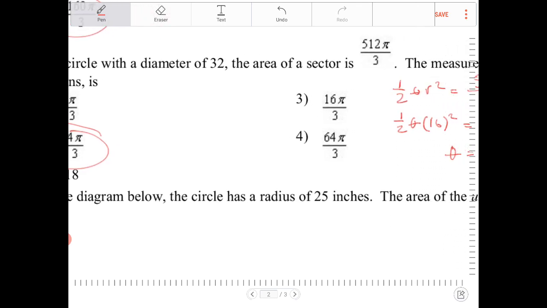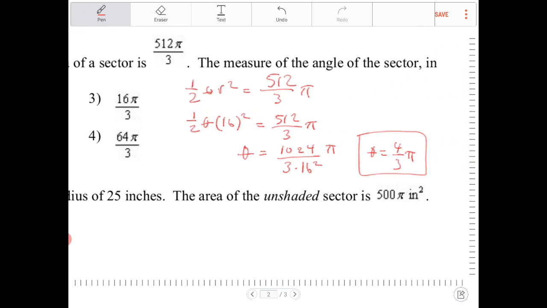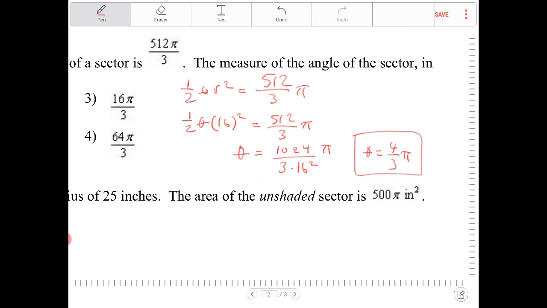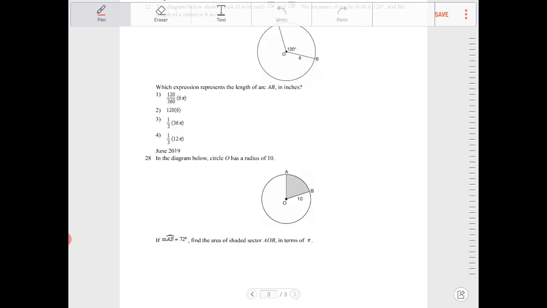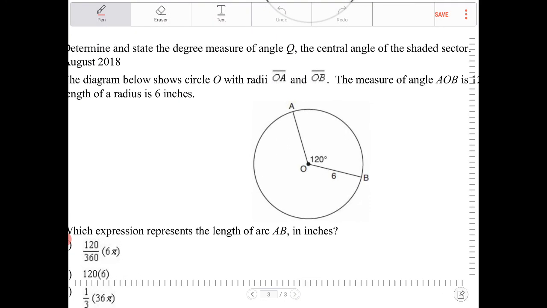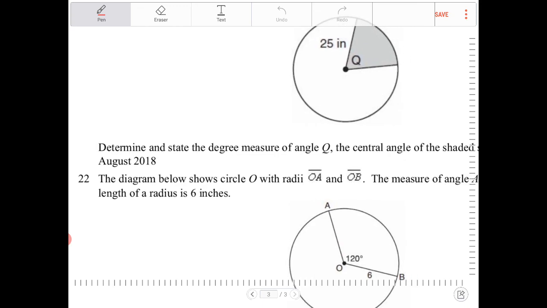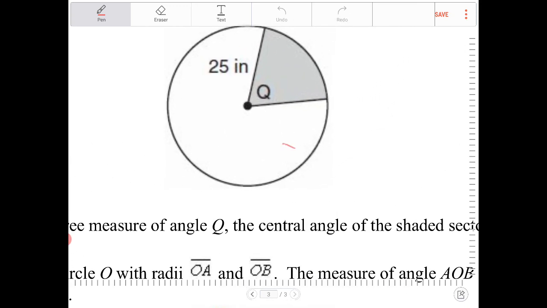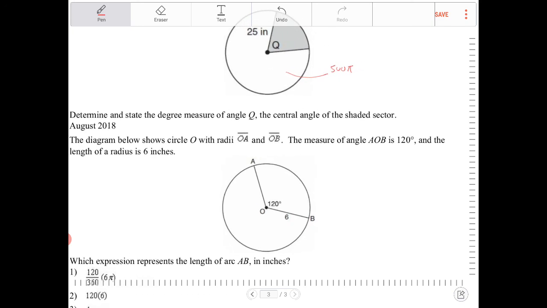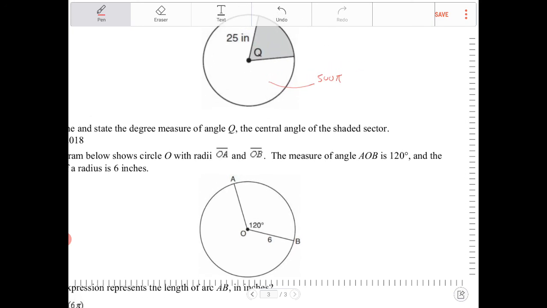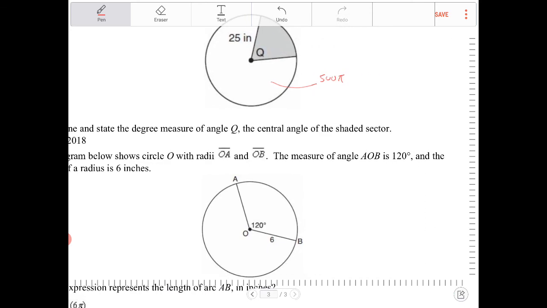In the diagram below, the circle has a radius of 25 inches. The area of the unshaded sector is 500 pi. Determine the degree measure of angle Q, the central angle of the shaded sector.